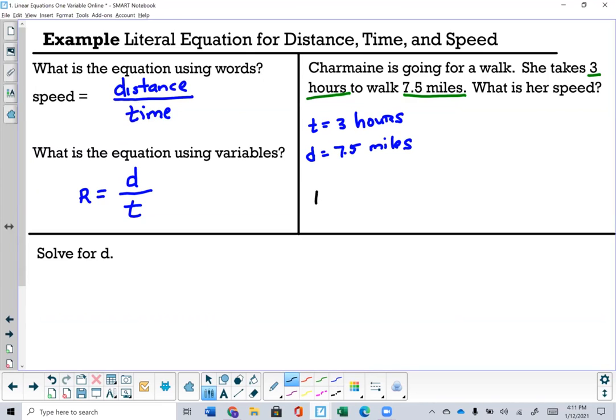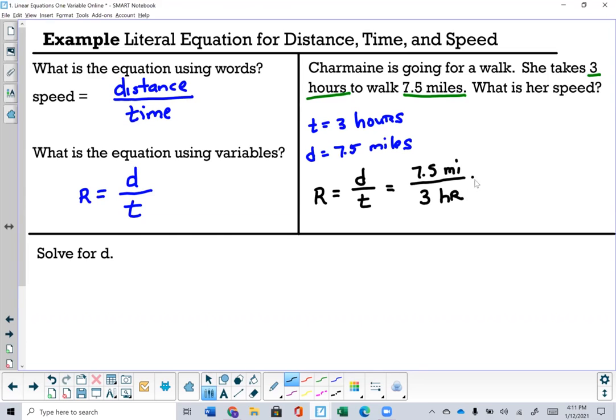So if R is equal to D over T, then if we substitute for D, we put in 7.5 miles. I'll use MI to abbreviate. And then over 3 hours.